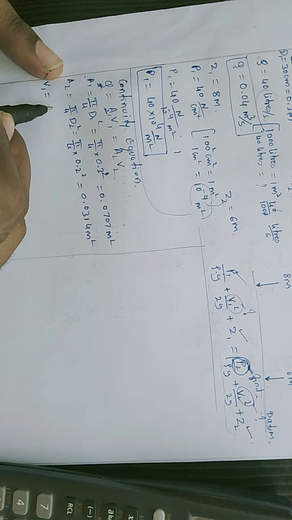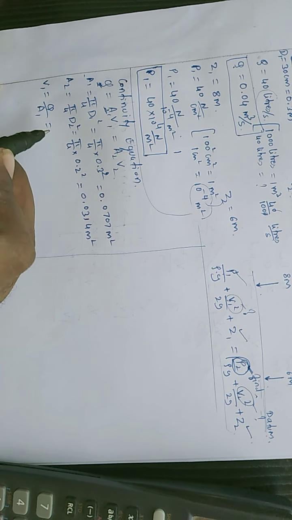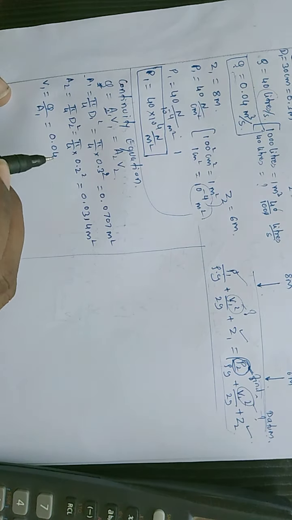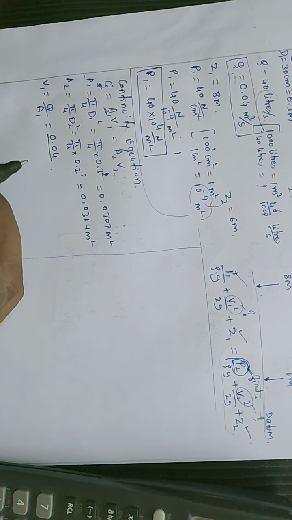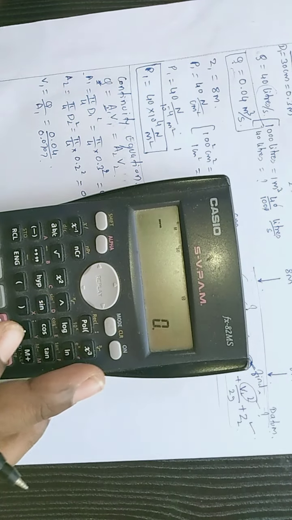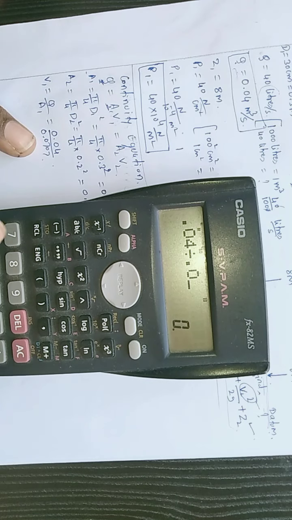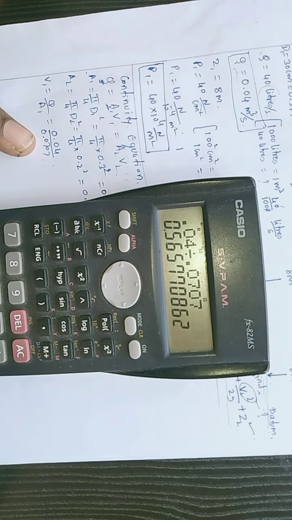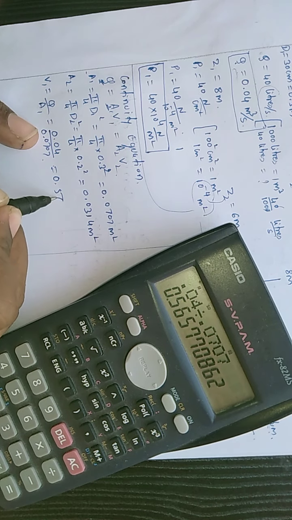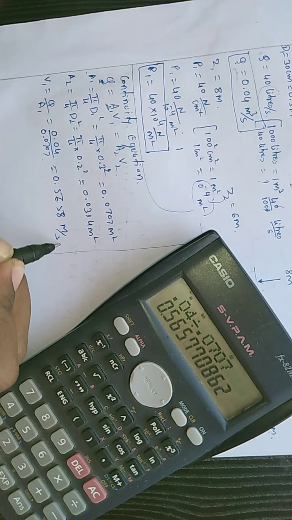So I can find V1. V1 is nothing but Q by A1. Q is 0.04, divided by A1, which is 0.0707. That comes to 0.5658 meters per second.